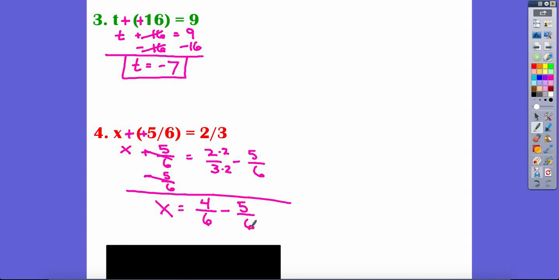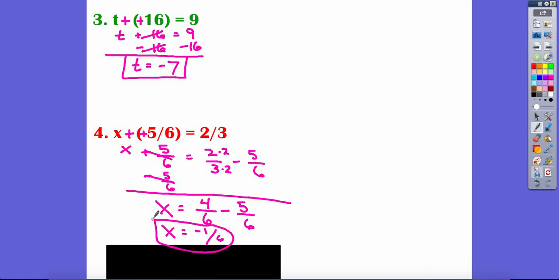Okay? It's also important to keep in mind that this 2/3 was the term that was here, and I'm subtracting 5/6 from it. So order of my terms here absolutely does matter. And when I subtract these, I end up with negative 1, and my denominator here is still a 6. Okay, so I end up with negative 1/6.